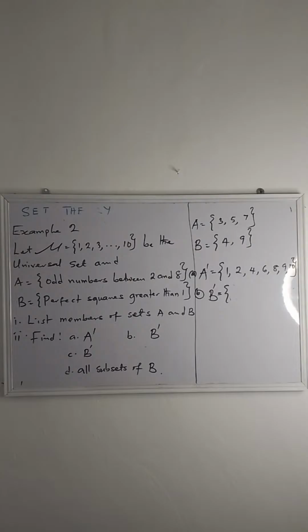Okay, I'm still waiting for a response. All right. I can see one person here has 1, 2, 4, 6, 8, 9, 10. That is for A complement. Now I'm waiting for B complement.